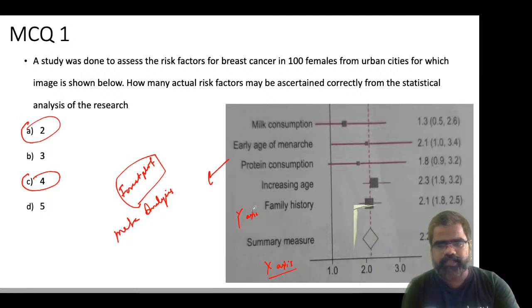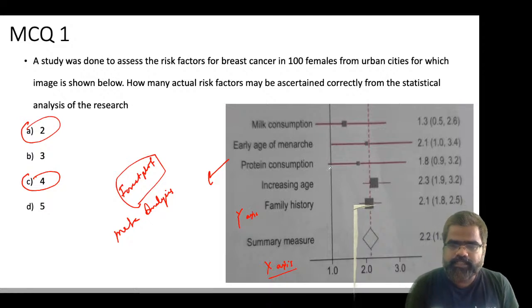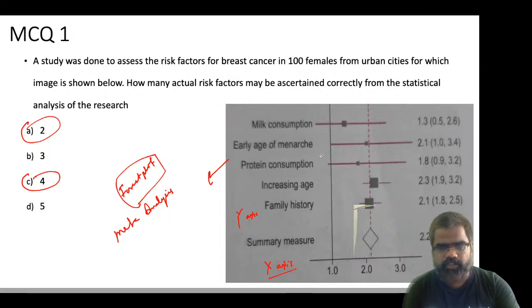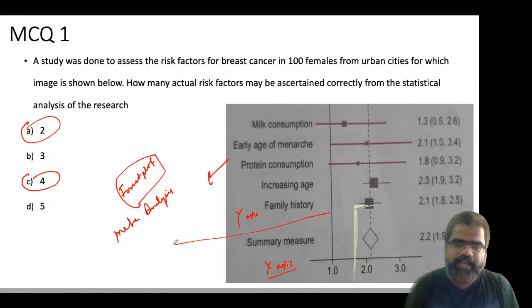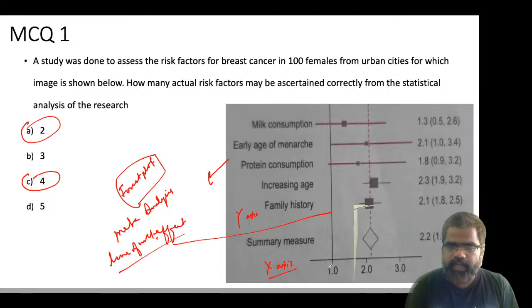And this y-axis line which is here, students, please consider it as the line of null effect. This is your horizontal axis, x-axis, where we are putting data as relative risk 1, 2, 3.